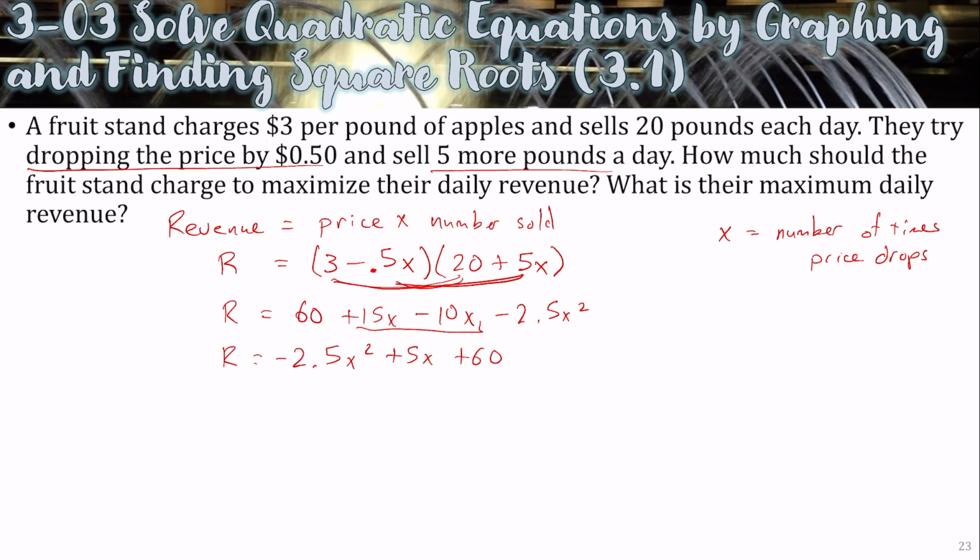Now, where's the maximum? The maximum is at the vertex. The vertex, in general form, is negative b over 2a. In this case, b is 5 and a is negative 2.5. 2 times 2.5 is 5, so negative 5 over negative 5 is 1.